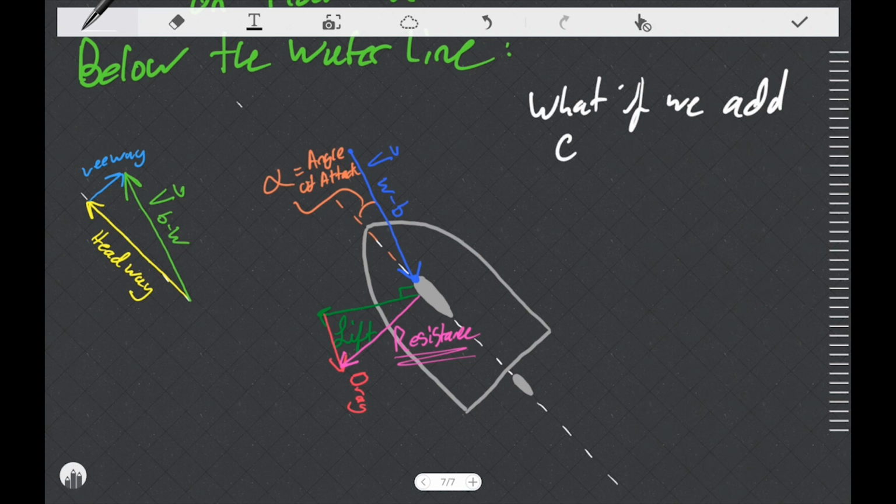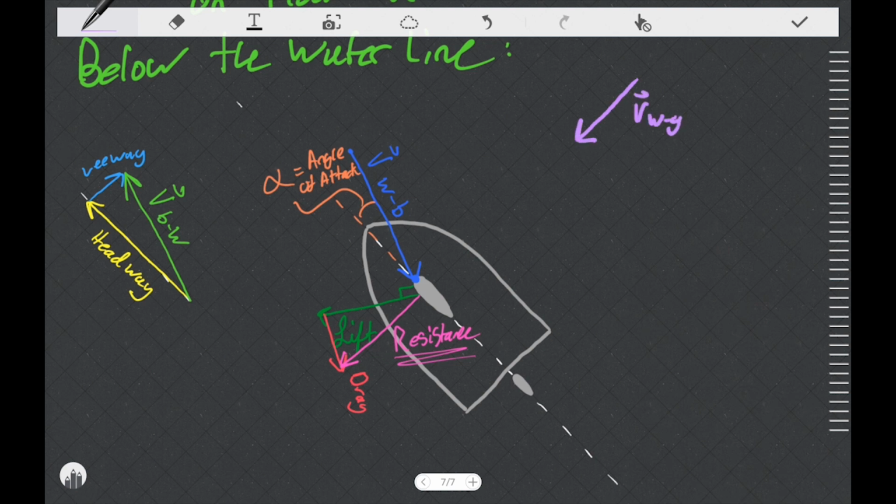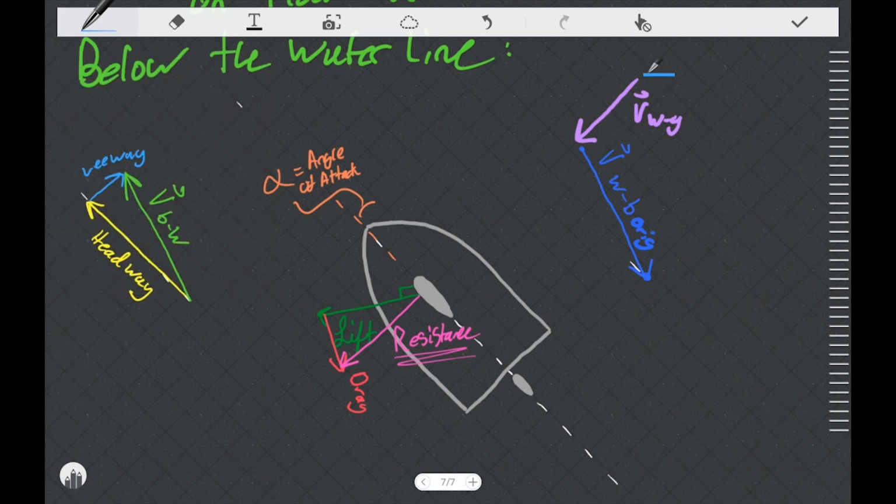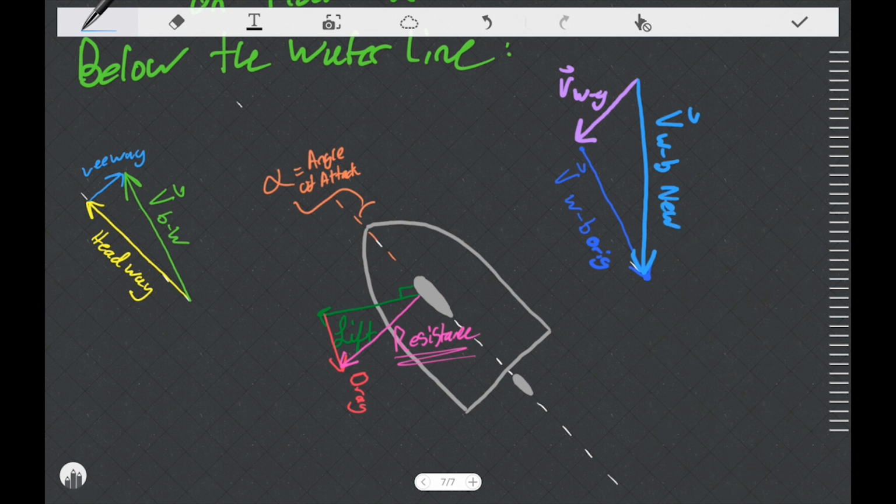What happens when we add current to the mix? Well, let's say that we have a known current, and we're going to represent it by a vector VWG, the velocity of the water with respect to the ground. If we take that current vector and we add it to our original VWB vector, we can come up with a new VWB vector, which I'll draw in light blue here.